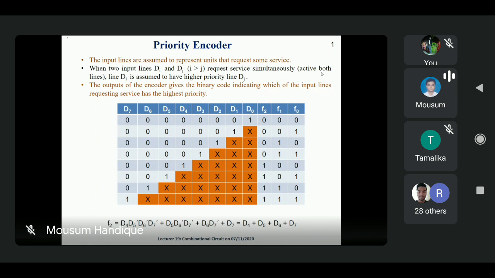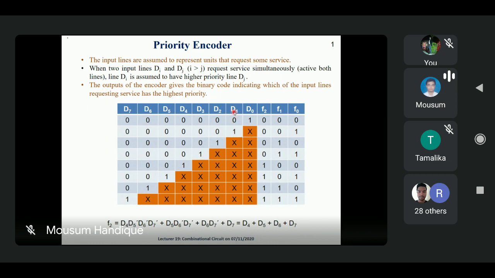So in this particular table, see here, when D0 is active, the binary sequence is 000. When D1 is active, right now don't consider this particular cross symbol.